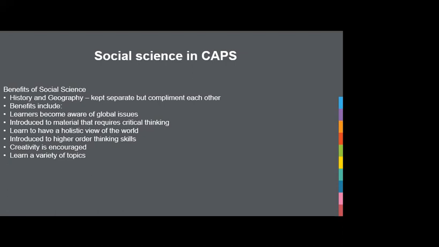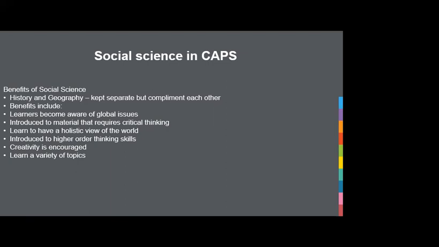The benefits included learners having higher order thinking abilities and skills such as comprehension, application, analysis, evaluation and synthesis, and creativity in students. So learners were also exposed to a variety of topics such as natural resources, water resources, communication, caste system, political ideologies, social reformers, our culture, the United Nations, and this is just to mention a few.